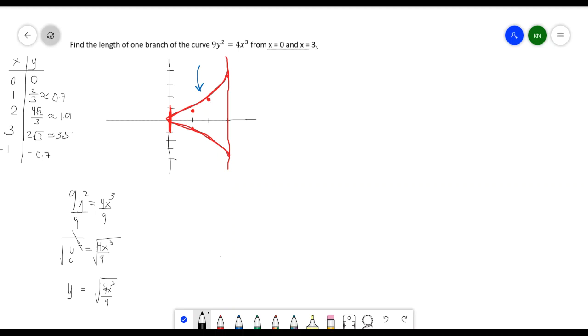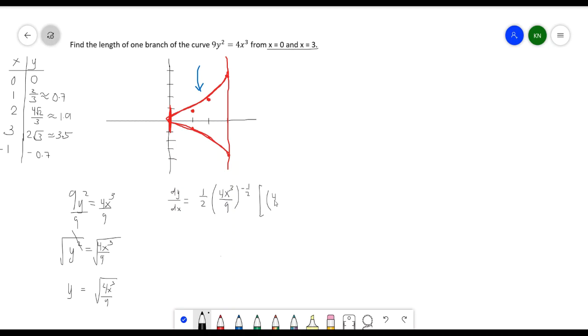After we find the equation that we will be using, we all know that we need to derive our function. So dy over dx is equivalent to, this is also raised to 1/2, right? So we have 1/2 times our function 4x cubed over 9 raised to negative 1/2 multiplied by the inner one.